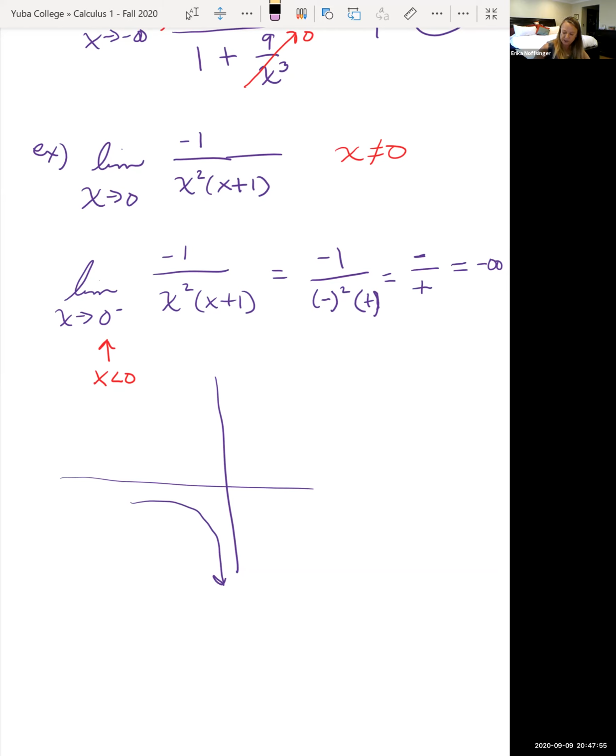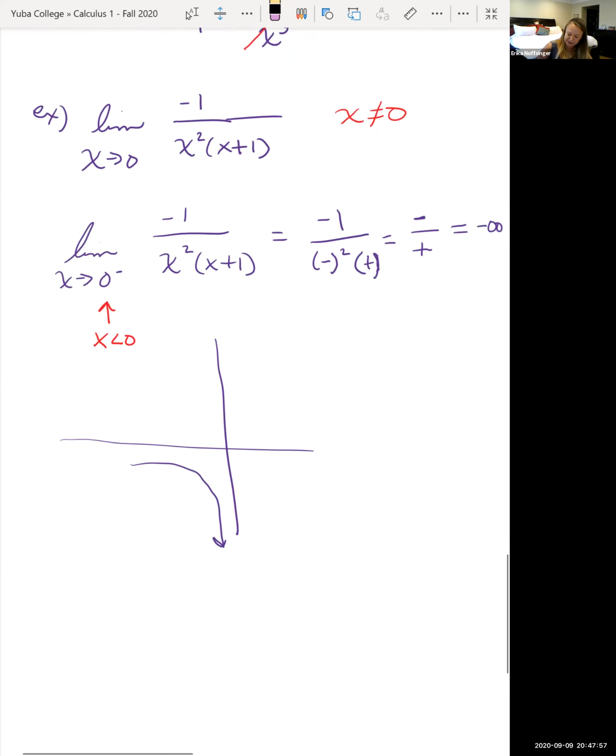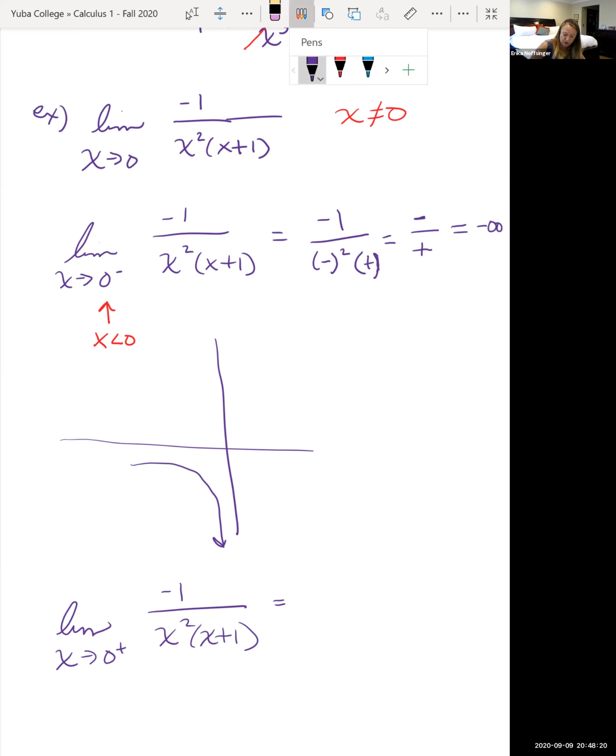So let's look at the limit as x is approaching 0 on the right of negative 1 all over x squared times x plus 1. If I plug in a number on the right of x equals 0, those are values where x is bigger than 0, so I'm plugging in a positive number.